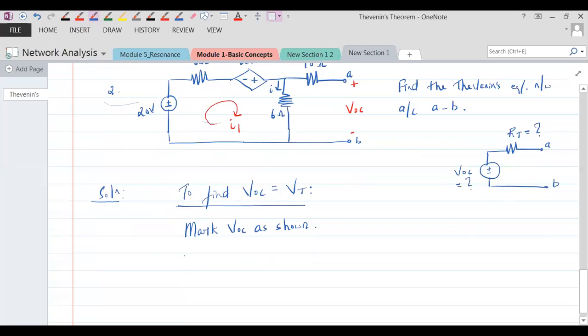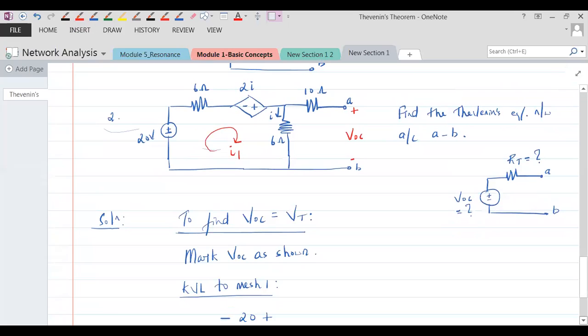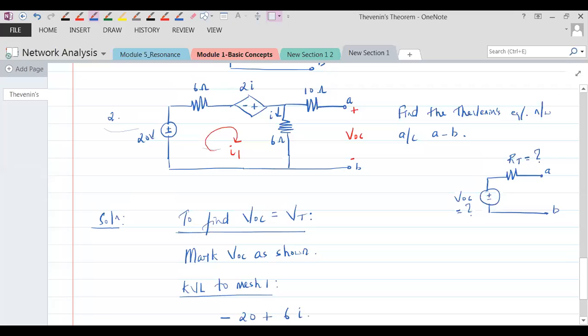KVL to mesh 1. So it's minus 20, then 6I1 minus 2I plus 6I1.